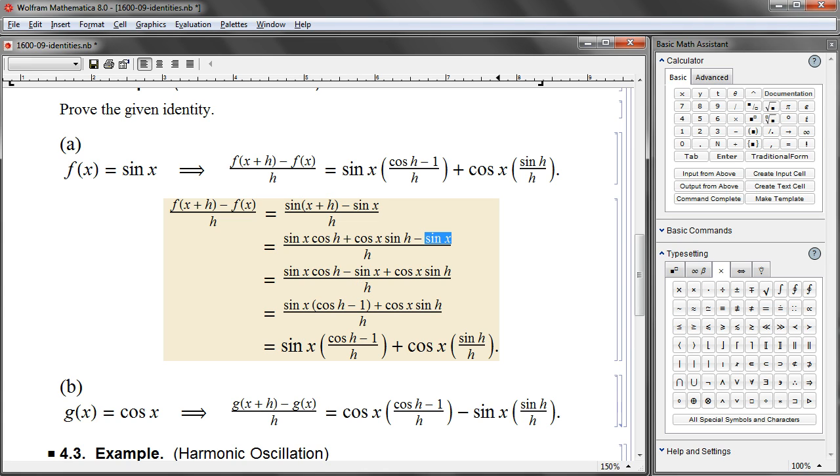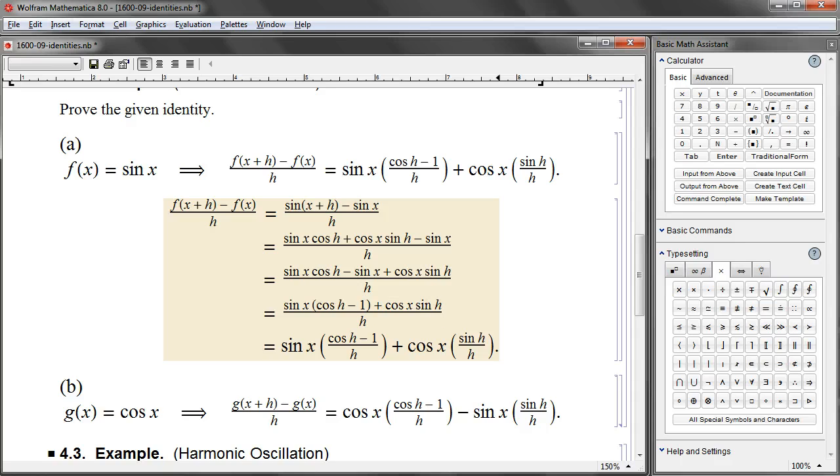So this sine of x and the sine of x part stay close together, and then we are going to factor sine of x out. This part is cosine of x, so move to the right. Factoring sine of x out, we have sine of x times cosine of h minus 1, and the second term is all set.